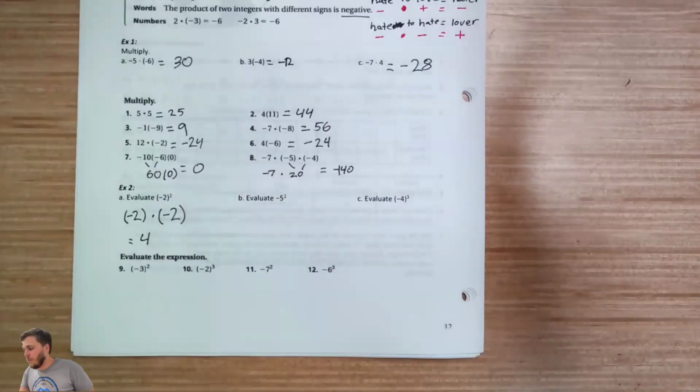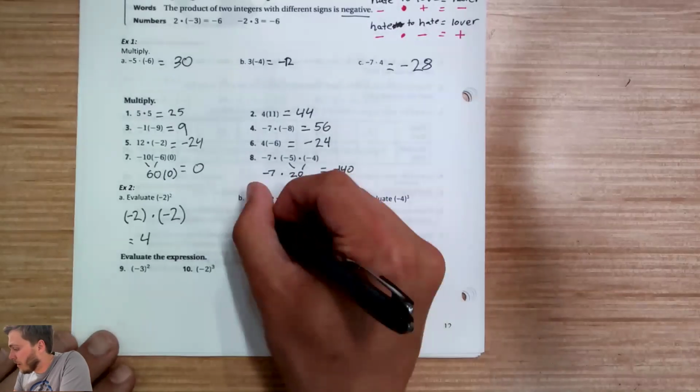Now, for part B here, when I say evaluate -5 to the second power, what is that exponent raising up? What is the base in this situation? Remember PEMDAS: parentheses, exponents, multiplication, division going either way, addition, subtraction. A negative number in there is going to end up being the multiplication.